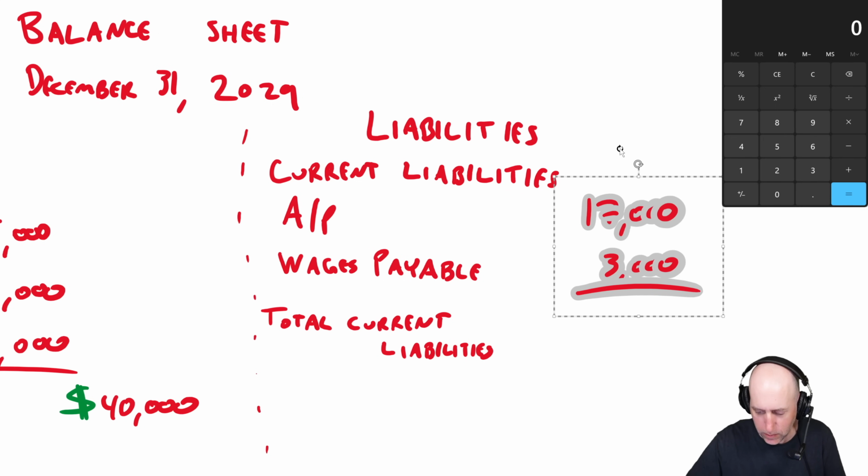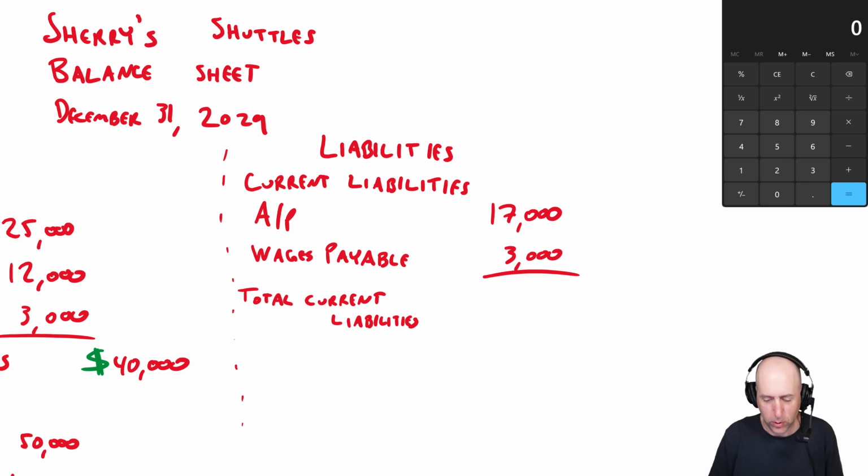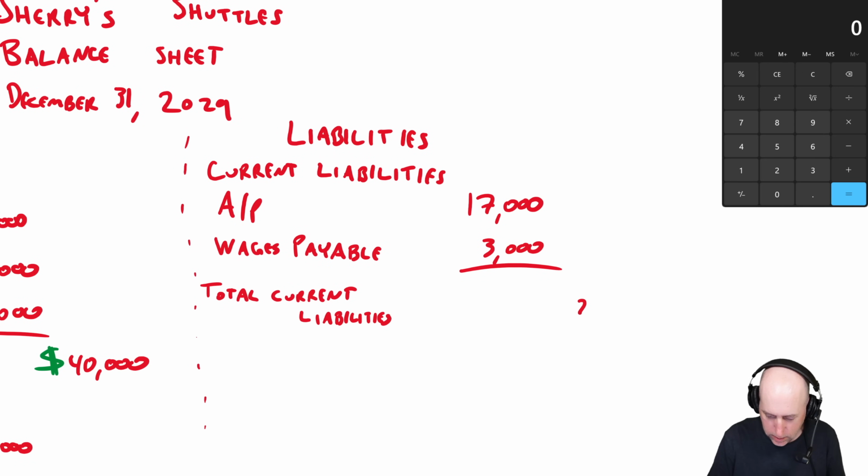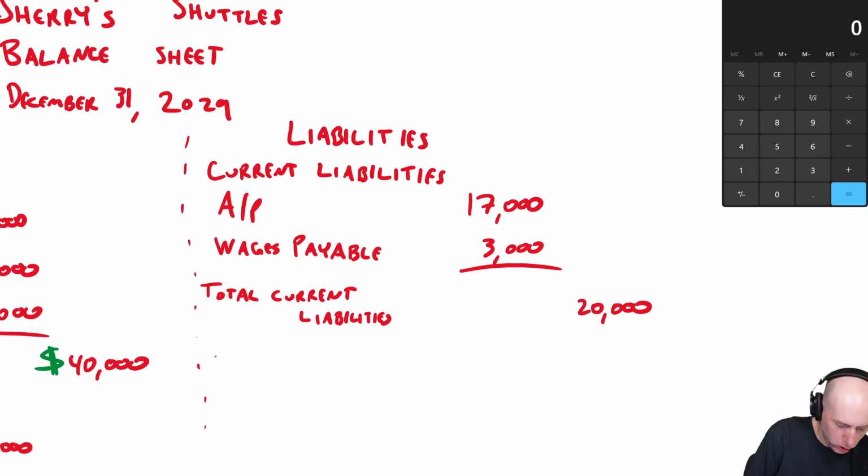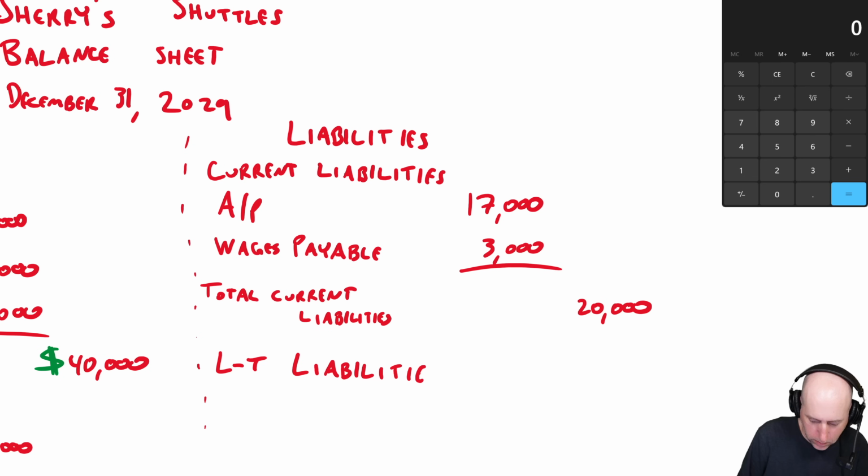Move it over a bit. 17 plus 3 is, of course, 20. All right, well, now we're on to long-term liabilities. And we just had the one. It was a bank loan payable.